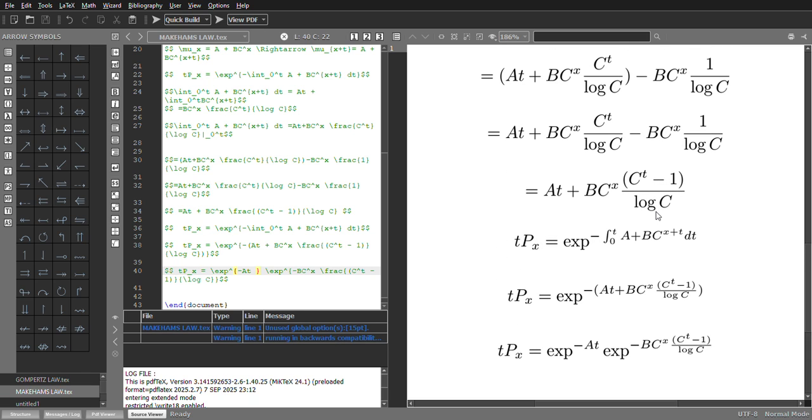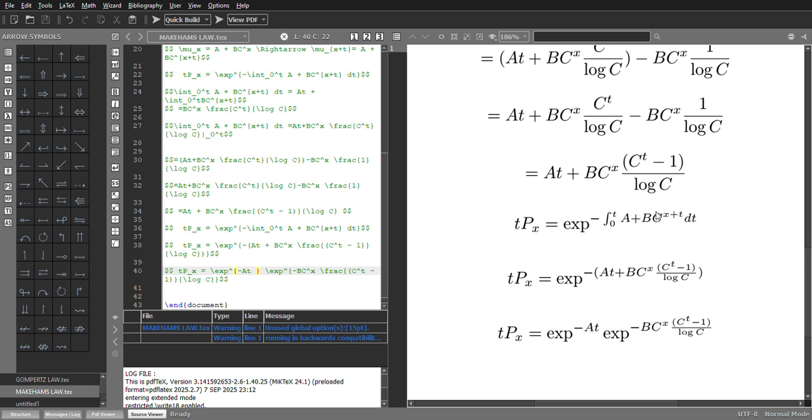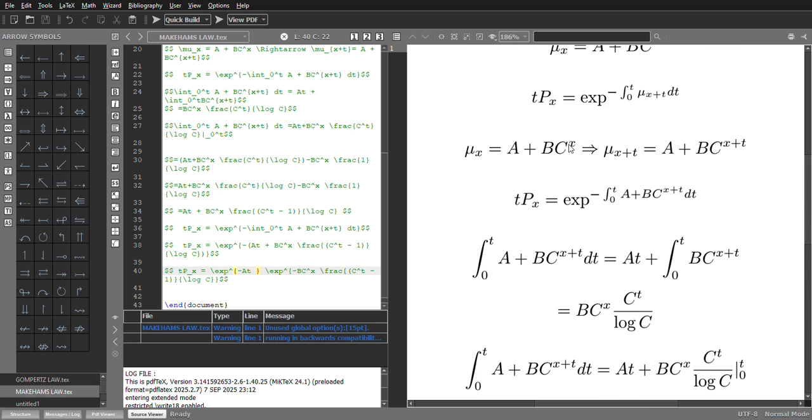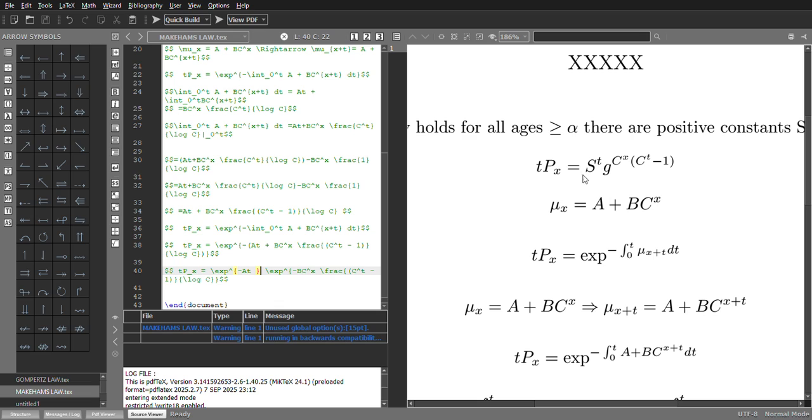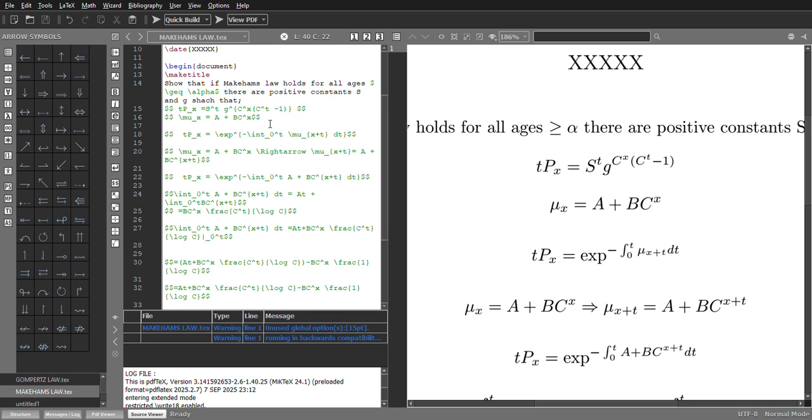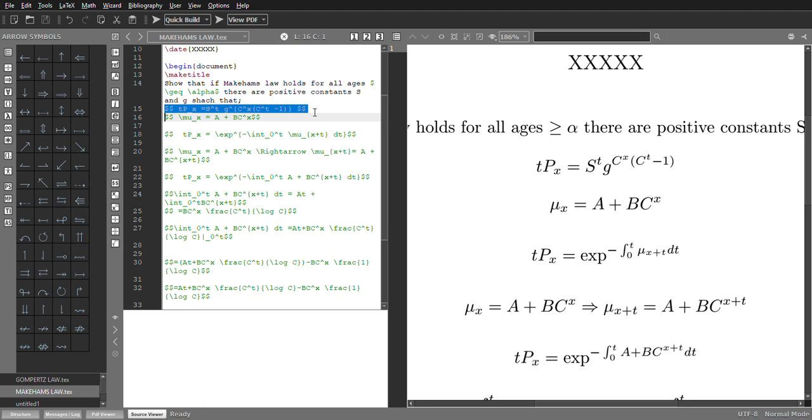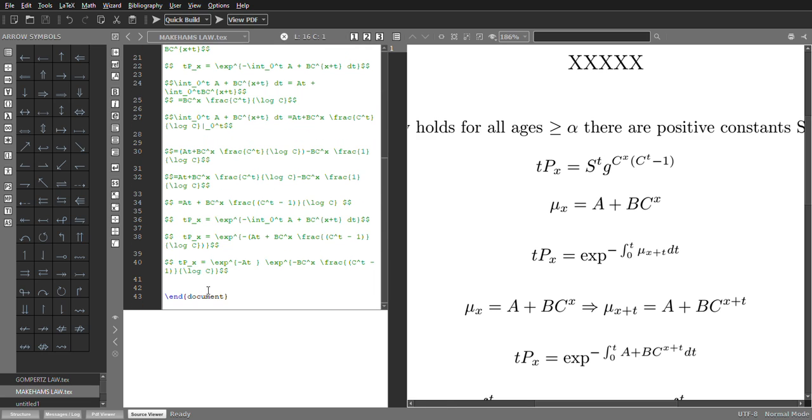For us to have something like this, let me extract that and bring it closer so that you can see what I want to do.